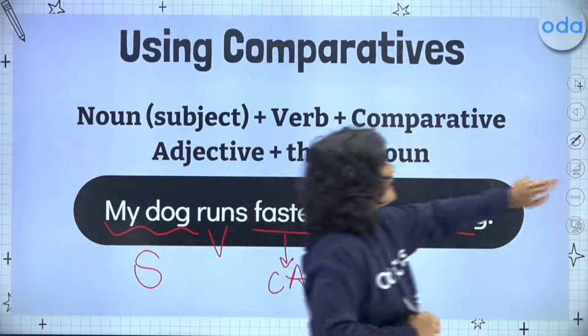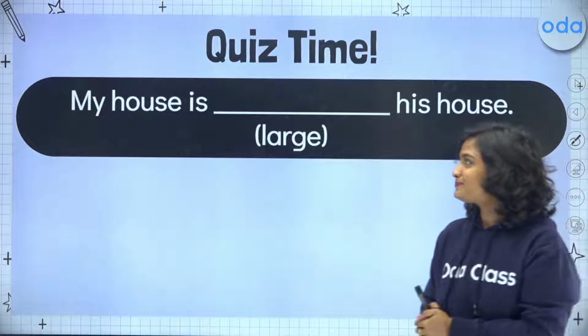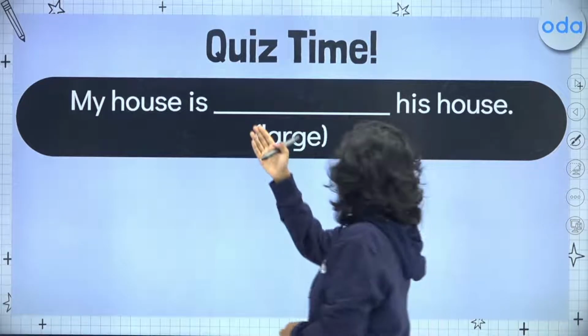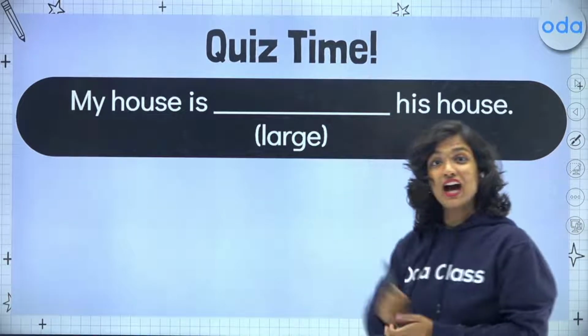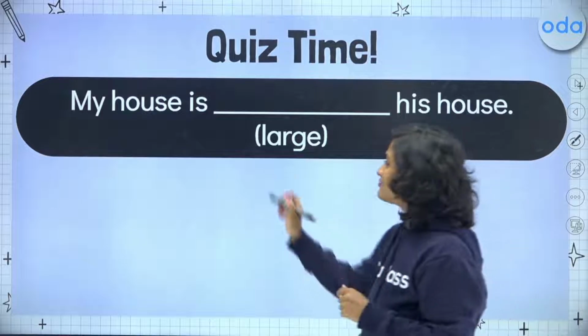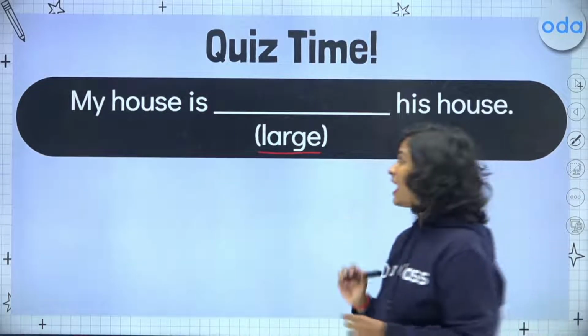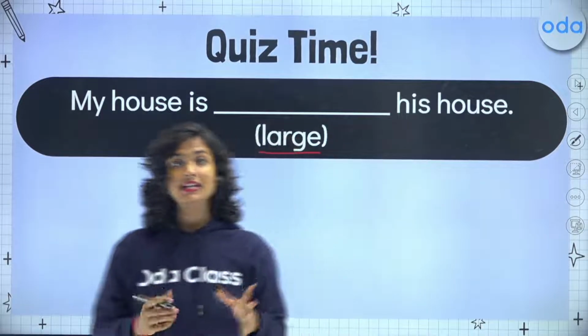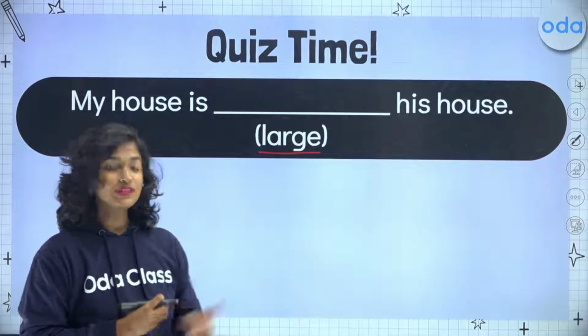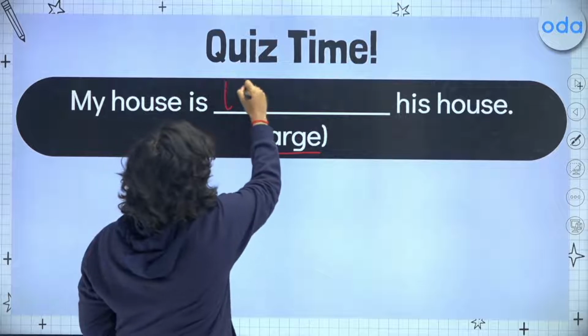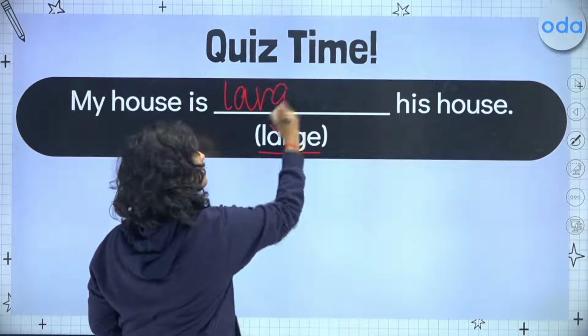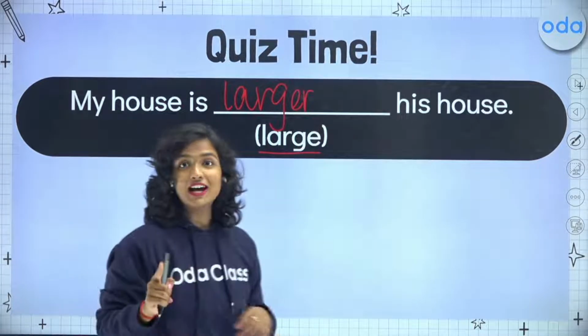Speaking of questions, let's do a question now, students. My house is blank his house, and the adjective to be used is larger. My house is blank his house. So we say my house, right? We are comparing two, so we say larger.